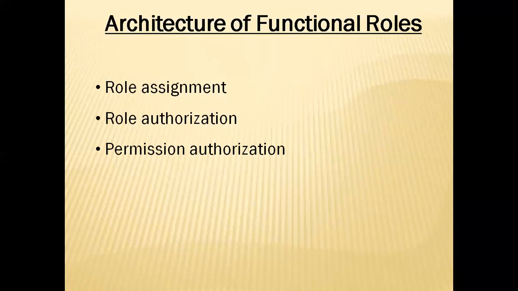Here, a user can exercise a permission only if the permission is authorized for the user's active role, which is the first two parts, role assignment and role authorization. With these rules, permission authorization ensures that users can exercise only the permissions for which they are authorized. Even that authorization is limited, as I said, because we are using RBAC, role-based access control.